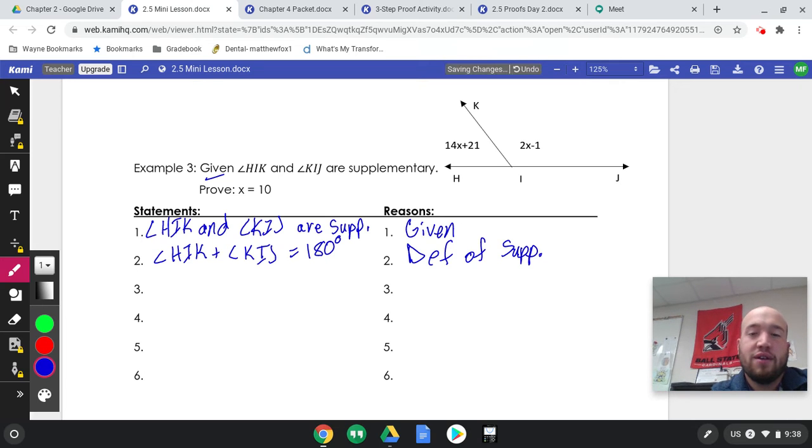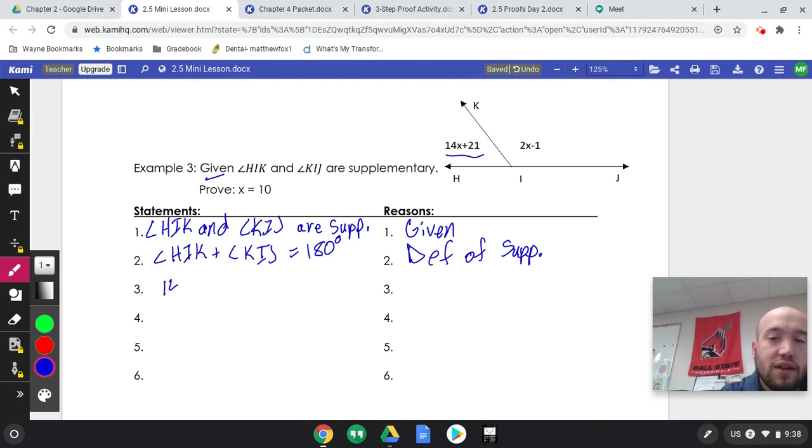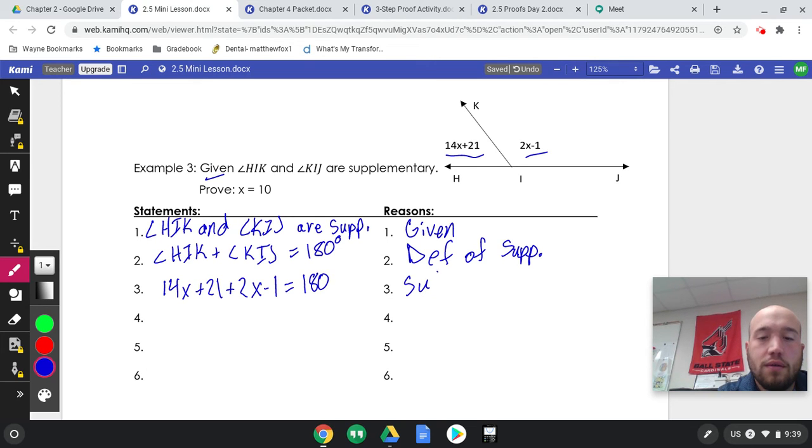All right, so from here, instead of HIK, let's plug in that. So 14x plus 21 plus, instead of KIJ, we're going to plug in 2x minus 1. That will equal 180. And we substituted.